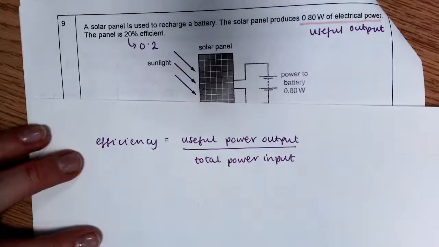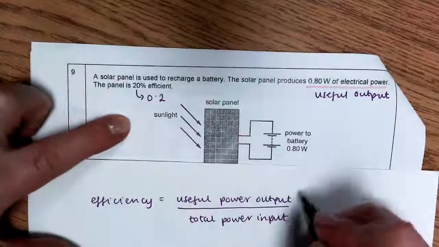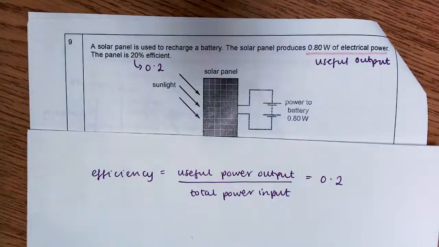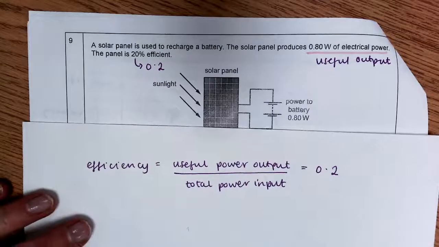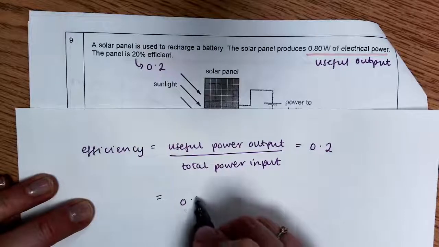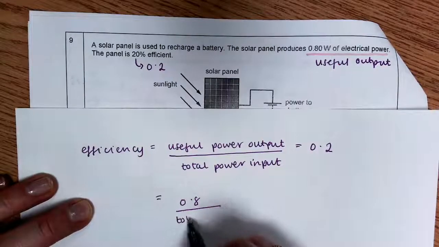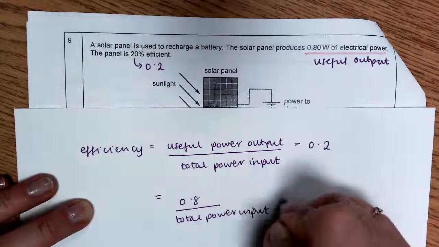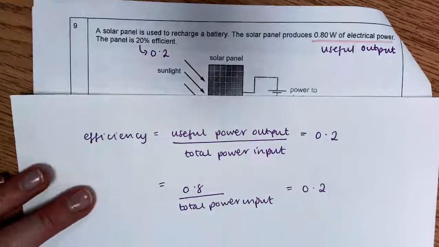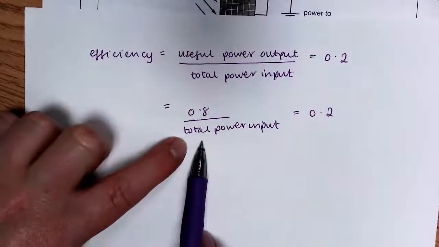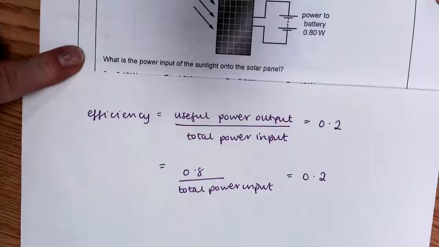As a decimal, I know that in this case the panel was 0.2 efficient. 20% efficient, but I'm writing it as a decimal so that I can just look at the ratio. Now, I know that useful power output is 0.8 watts, so I can say 0.8 over the total power in is equal to 0.2. If I rearrange this equation, I can get total power input, and that is what I'm being asked to find.